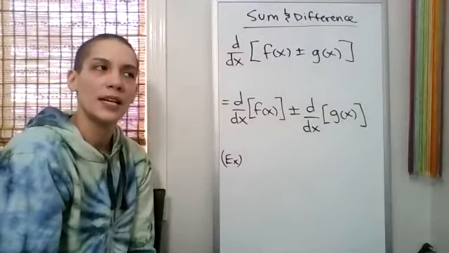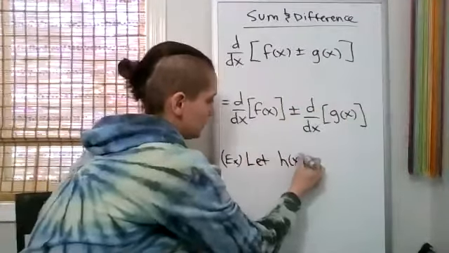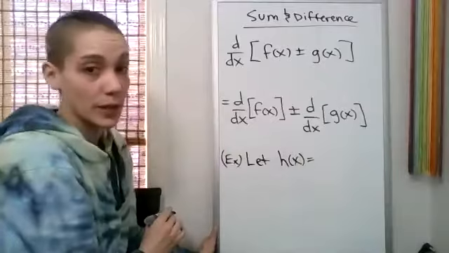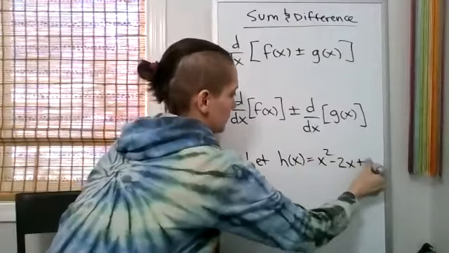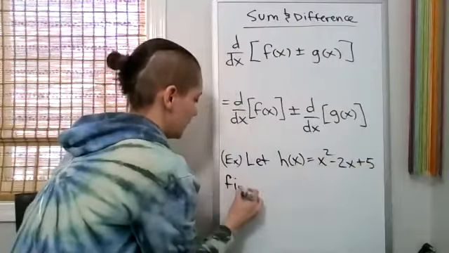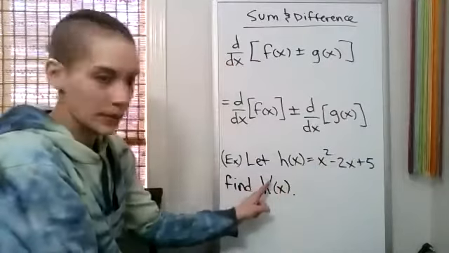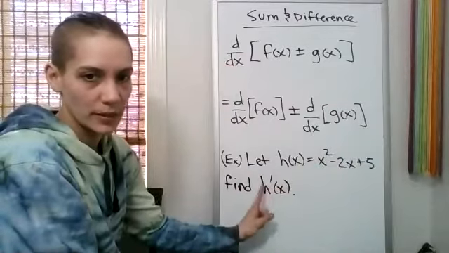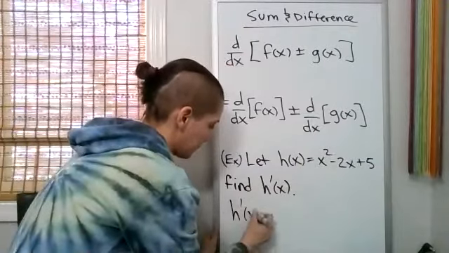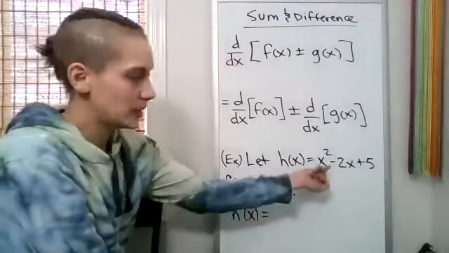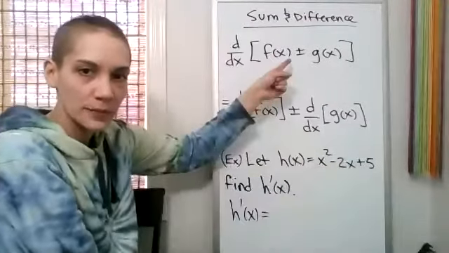Let's call this function h of x, and it is x squared minus 2x plus 5. And h prime of x, so the derivative of the function h with respect to x. So we will do them piece by piece, and we can subtract and add as we go from this rule.